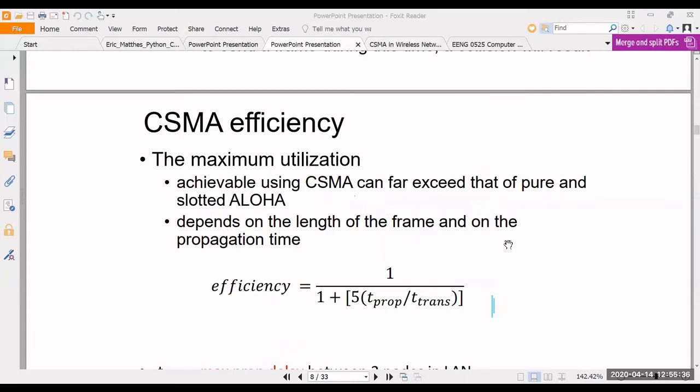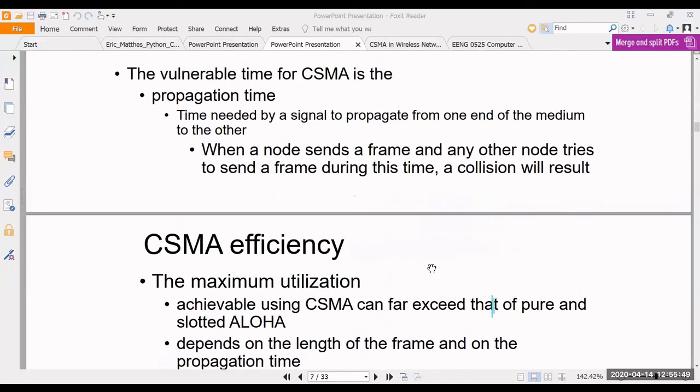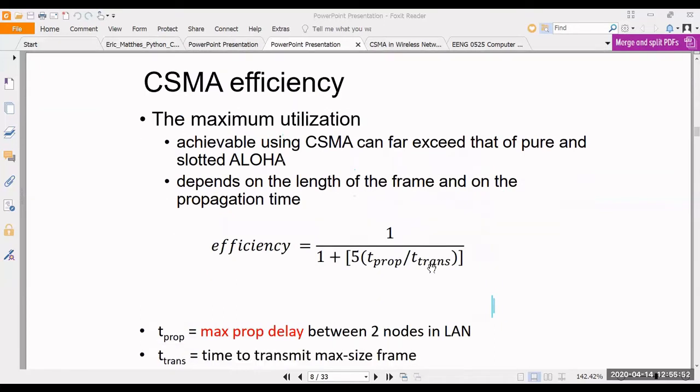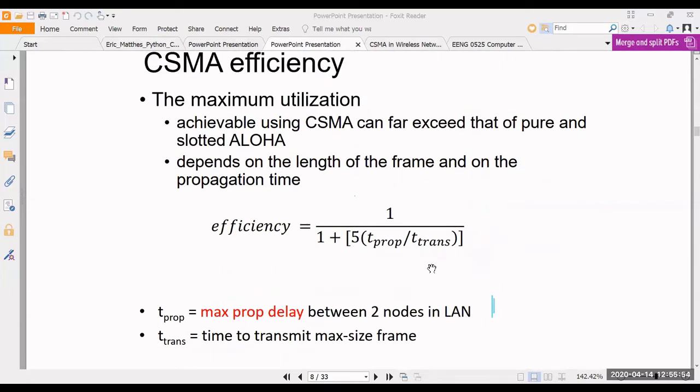Talk about the efficiency, which has been proved already. It states that the efficiency for our system is 1 over 1 plus 5 multiplying our propagation time over our transmission time. For every technique we present, we try to make the efficiency a very large value to design a more efficient system.